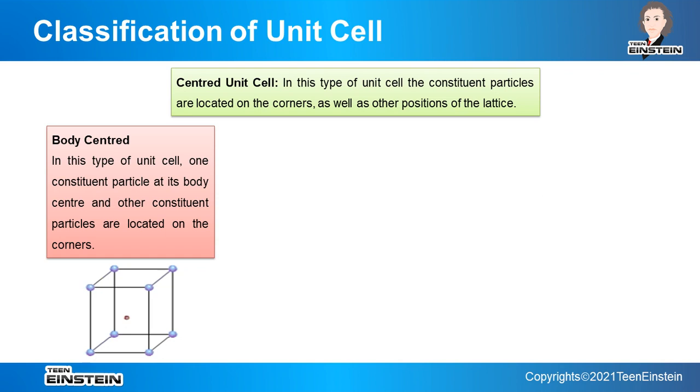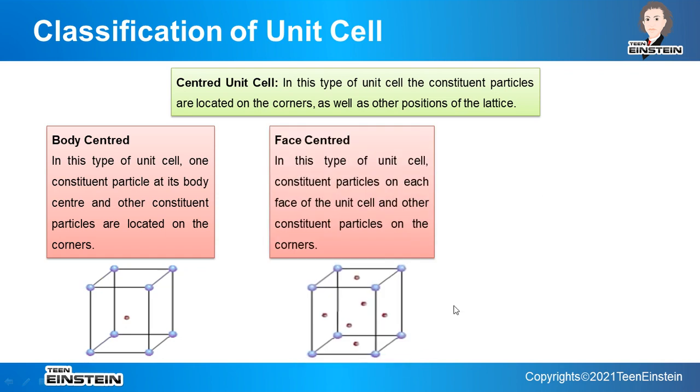It's like that. Then we have face center. Now here from the name you can understand how many faces are there. Obviously 6 faces. So this is one face, that is this one.